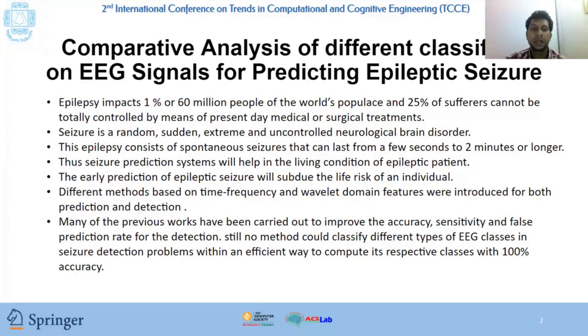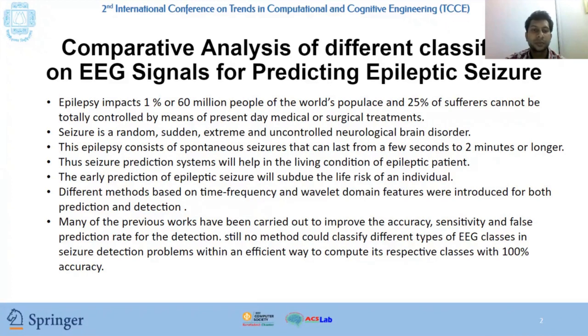Seizure is a random, sudden, extreme and uncontrollable neurological disorder. Epilepsy consists of spontaneous seizures that can last from a few seconds to 2 minutes or longer. A seizure prediction system will help improve the living conditions of epileptic patients.